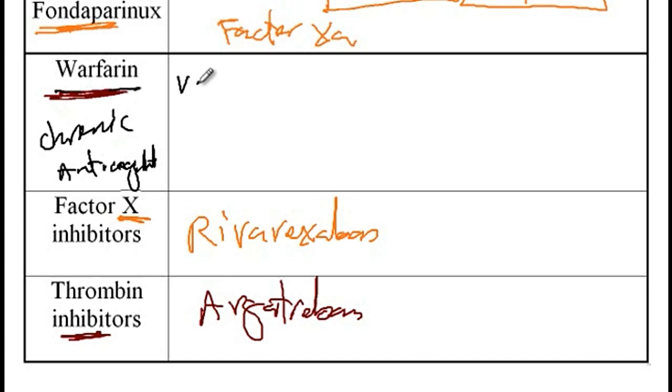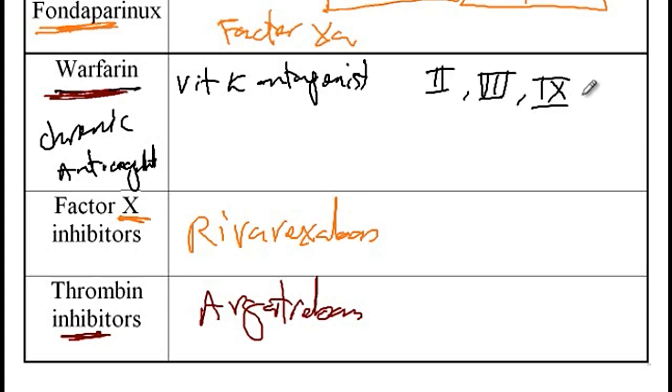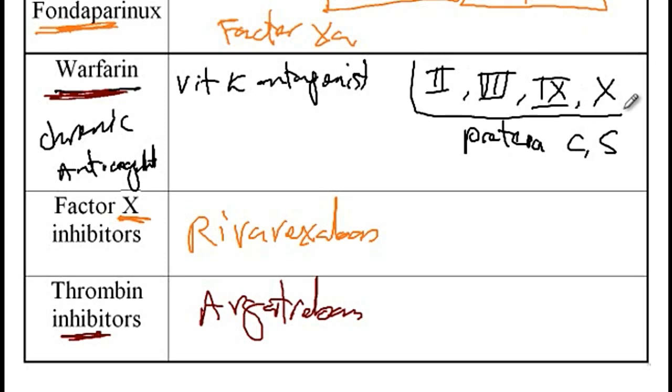And how it works is that it's a vitamin K antagonist, because it has a similar structure to vitamin K. And vitamin K is required for the gamma carboxylation of factors 2, 7, 9, 10, as well as protein C and S. So by inhibiting the carboxylation of these coagulation factors, you will cause anticoagulation in these patients.